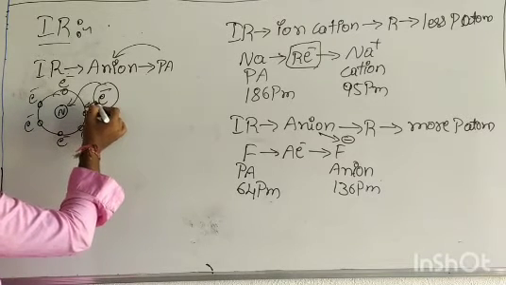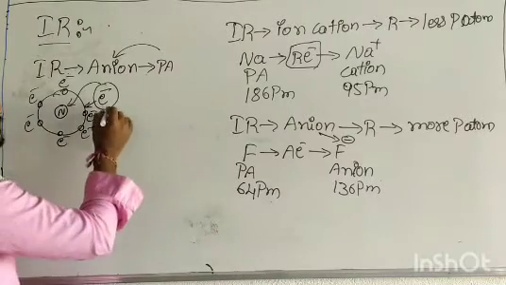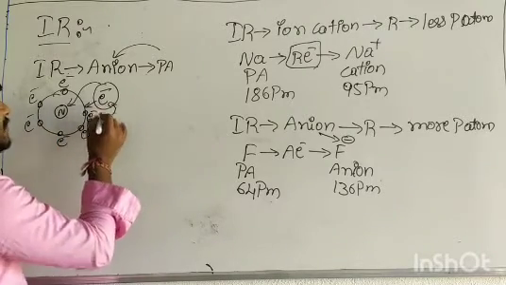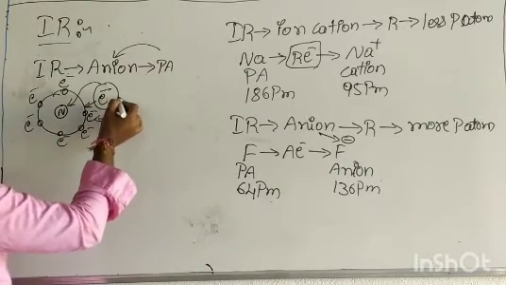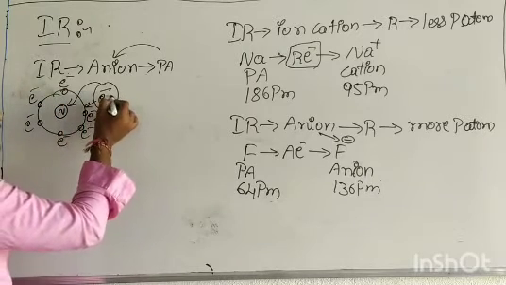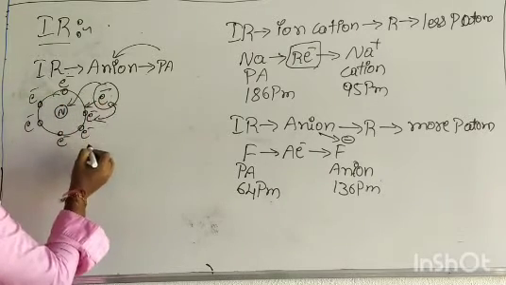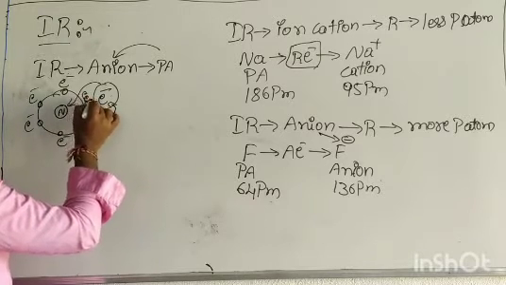You are adding one more electron to this, which means there exists repulsion between the electrons, the already present electrons and the upcoming electron. The already present electrons will repel the upcoming electron, so that this electron will be added farther out.